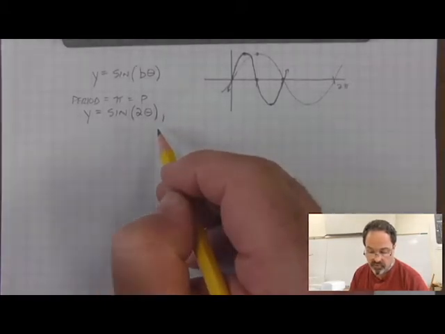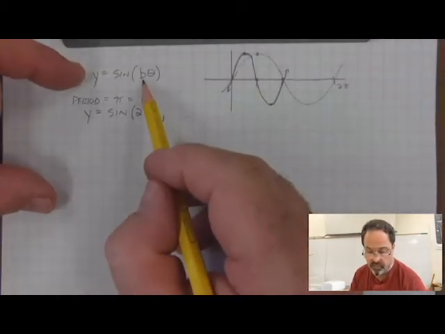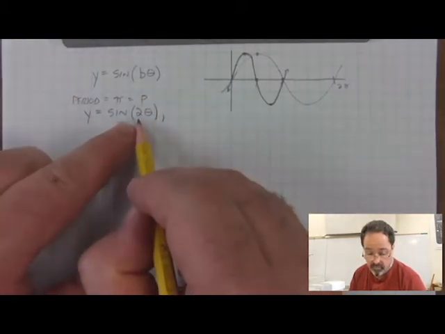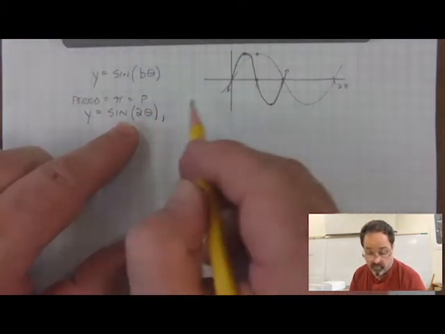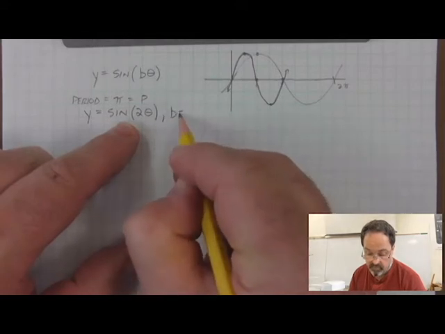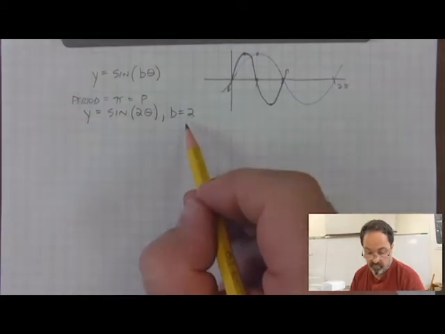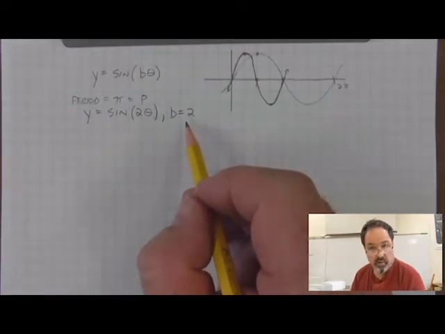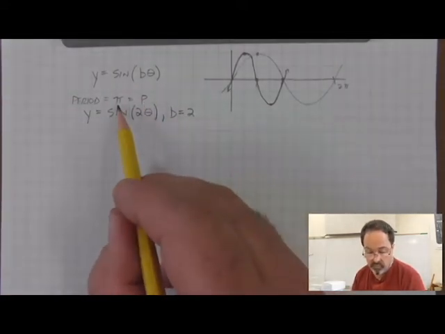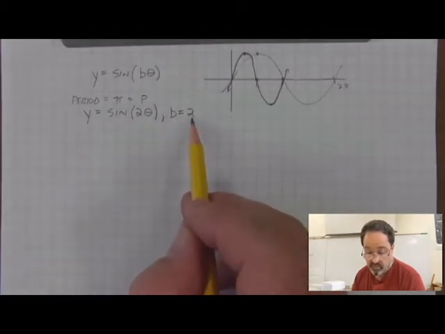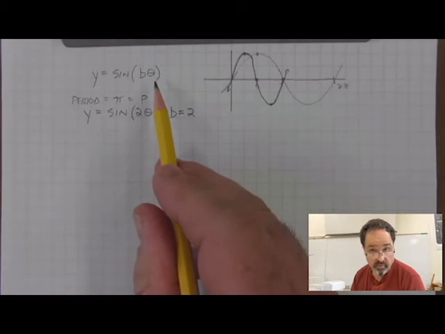So, in general, if we've used the parameter b, then the value that we used for this specific function means that the b value is 2. Horizontal compression factor 2. But notice that the period of the transformed function is not the same as the value b that's used in the equation.